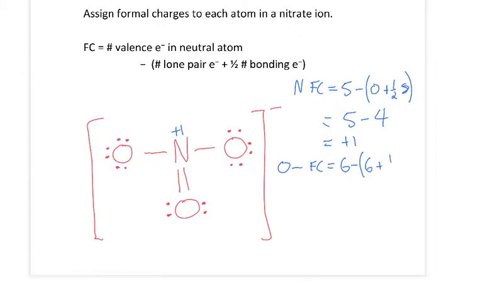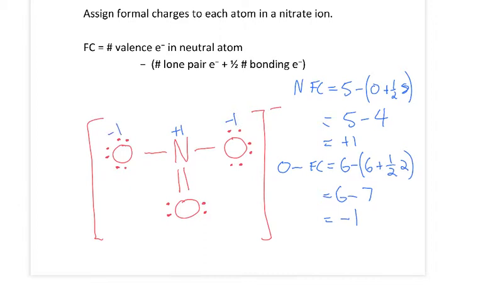And then I get half of the bonded electrons. And there's one bond. The oxygen is single bonded, so there are 2 bonded electrons. So the formal charge is going to be 6 minus 6 plus 1/2 of 2 is 7. So 6 minus 7. So the formal charge on these single bonded oxygens is -1.